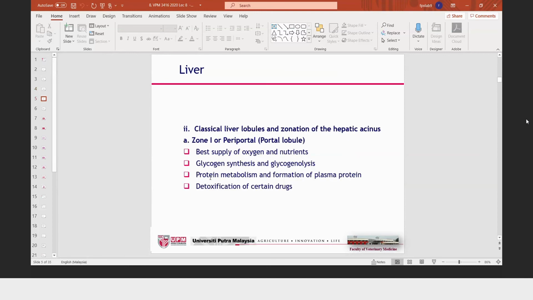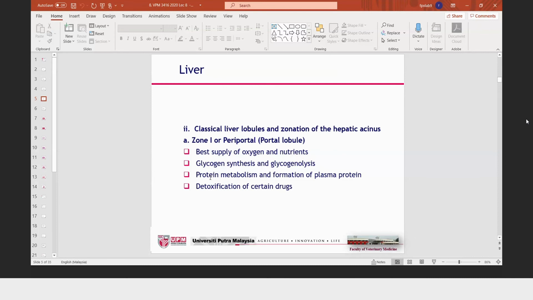So what is important here is that in terms of the classification of lobules or zonals, the new one is zone. For example, when you talk about zone 1, I'll show you later, this area has the best supply of oxygen and nutrients. So this is the zone where they receive a lot of oxygen and nutrients. They also play an important role in glycogen synthesis, glycolysis, protein metabolism, and formation of plasma protein, as well as detoxification of certain drugs.